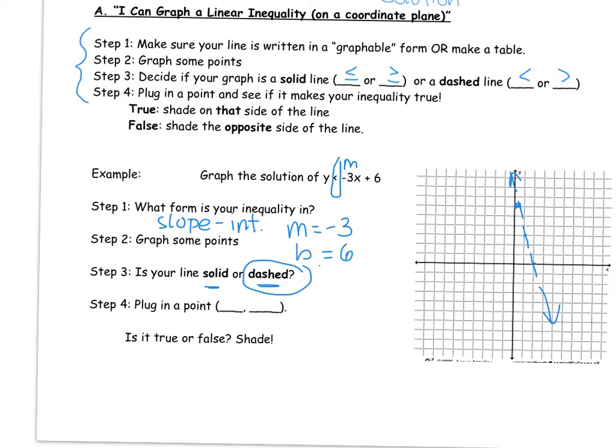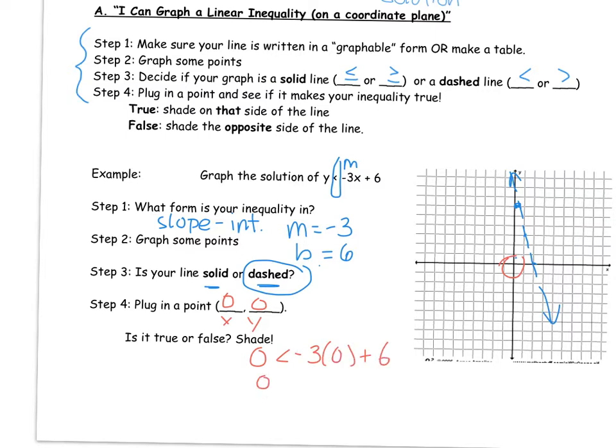Let's pick a point. 0, 0 is a point we see not on the line. So it's always a good idea, if 0, 0 is not on the line, let's pick that. That's an easy point to plug in. Plug in x and y. Is 0 less than negative 3 times 0 plus 6?